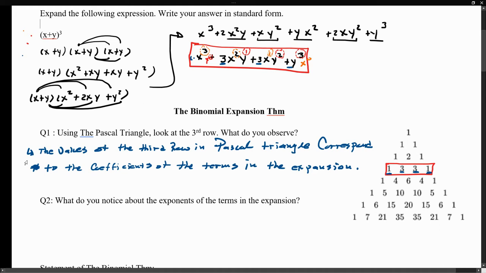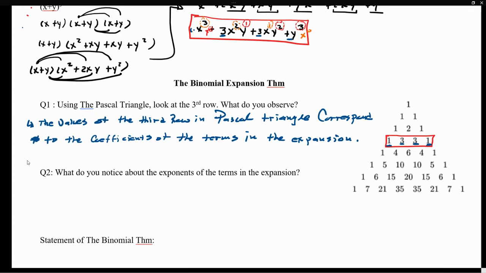So one thing to notice is that the exponents of the terms in the expansions, so the first term in the binomial starts at 3 and decreases by 1.